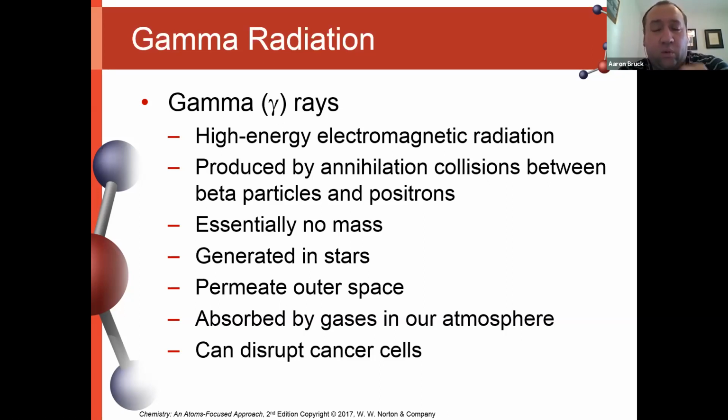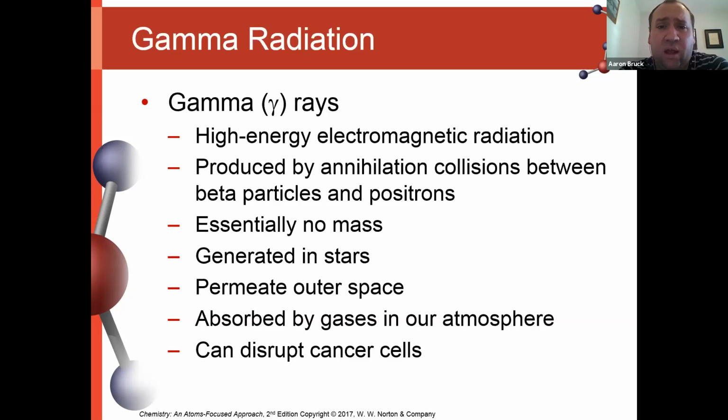Either the particle was emitted along with the energy, or the particle was absorbed and a bunch of energy was released in the process. With gamma radiation, what we see is just a big bundle of energy.